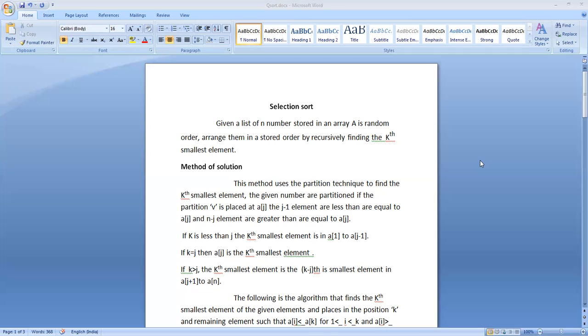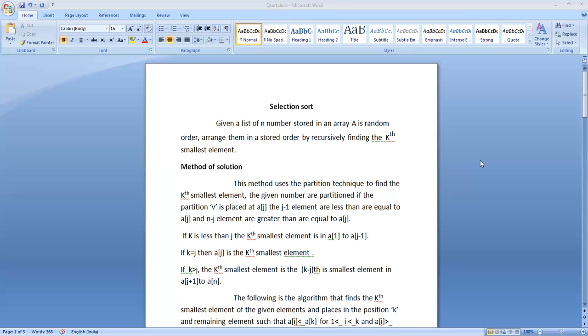Still you try to find the fifth smallest value. Now instead of finding the fifth, you will find some ninth smallest value or eighth smallest value, like this. So when you keep on doing further, at one stage you will make all the elements in sorted order. That is the idea behind this selection sort.